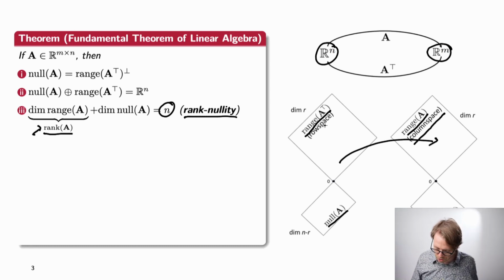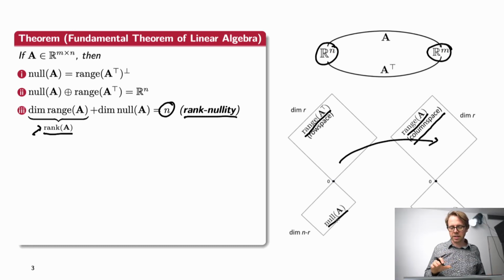And because we know that the row space and the null space, so the range of A transpose and the null space of A, are orthogonal complements of each other, and their Cartesian product forms Rn, it follows that the sum of their dimensionality needs to be exactly equal to the dimensionality of their Cartesian product.